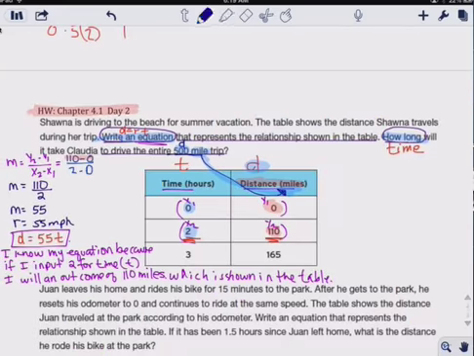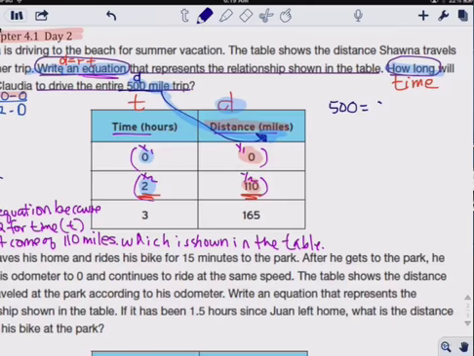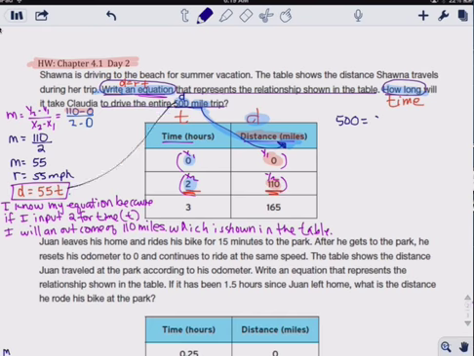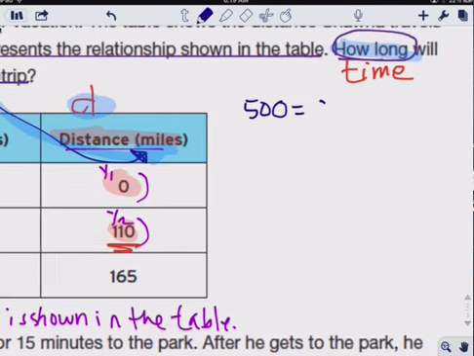So you've got 500 equals 55T. You substitute that back into here. 500 equals 55T, and they ask for T, time, right there.